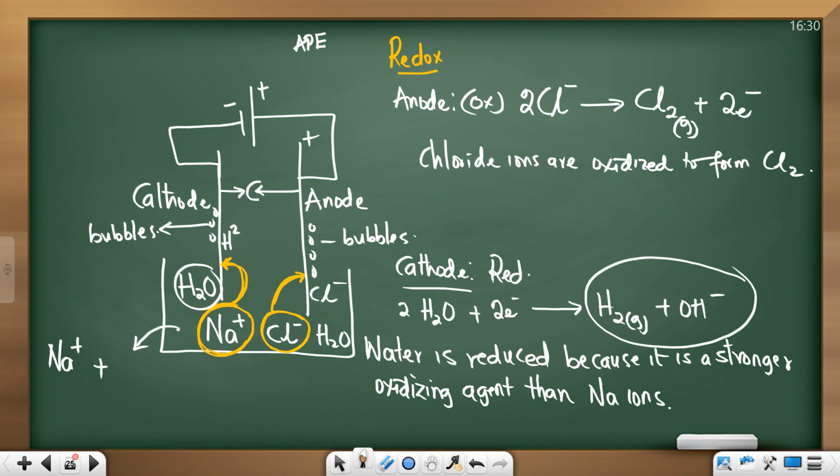We also produce hydroxide ions when water was reduced. So what are we going to form? Sodium hydroxide. That's why this electrolysis is very, very important. Normally we use what you call a membrane cell. Not cell membrane, please. Cell membrane is life science. A membrane cell.